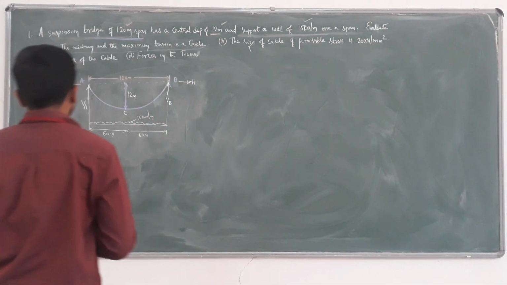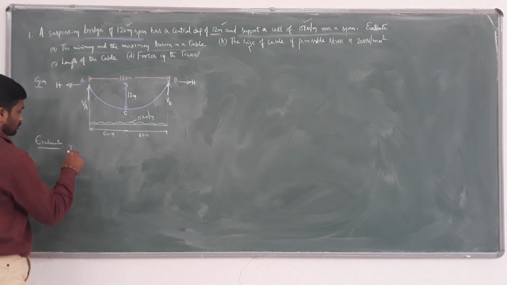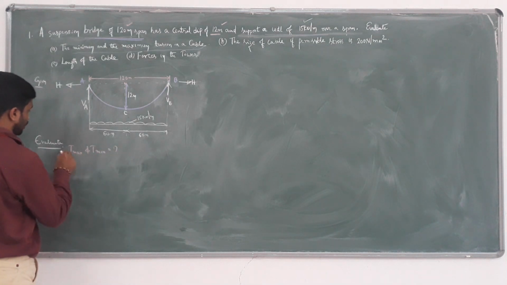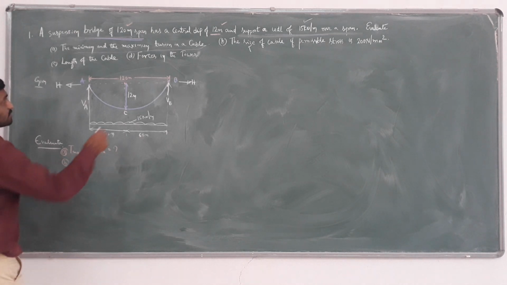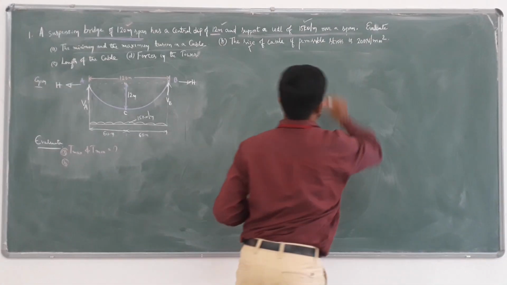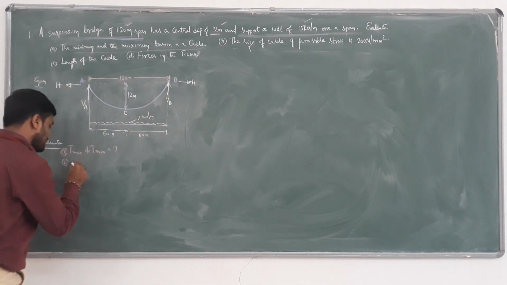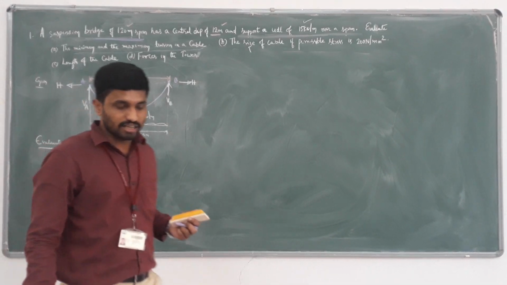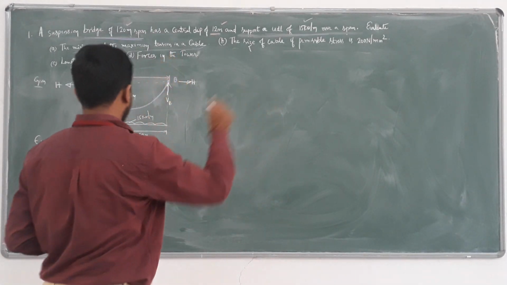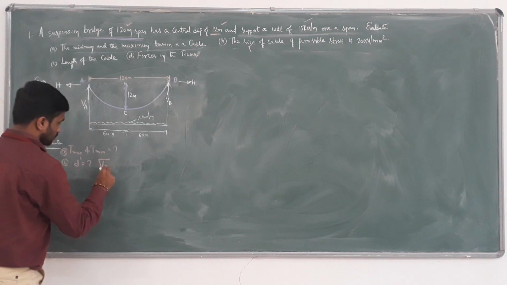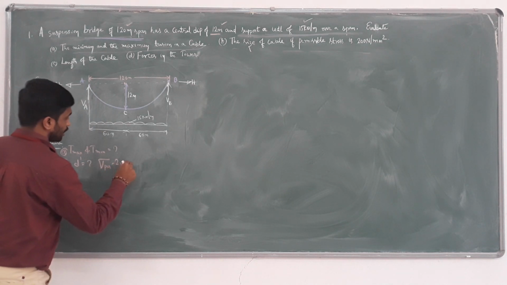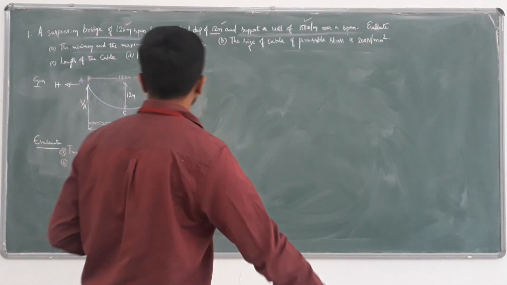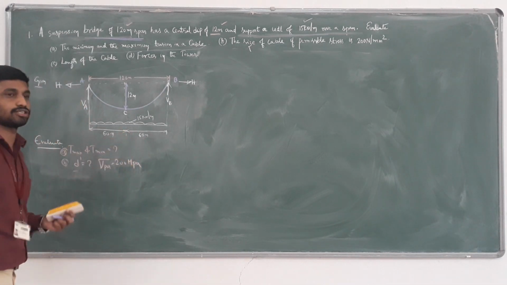We have to determine T max and T minimum in A. In B, it is asking for the size of the cable, that is, the diameter of the cable, if the permissible stress in the cable material is given as 200 MPa, that is 200 Newton per mm square. Stress is given, so we have to determine the diameter D.